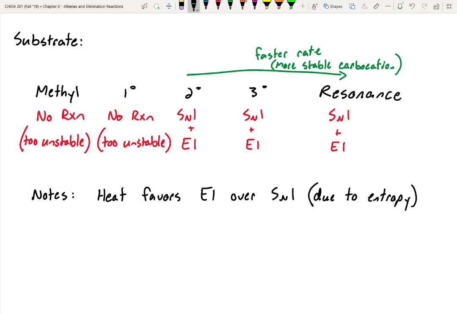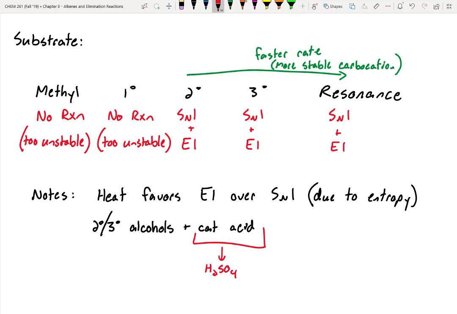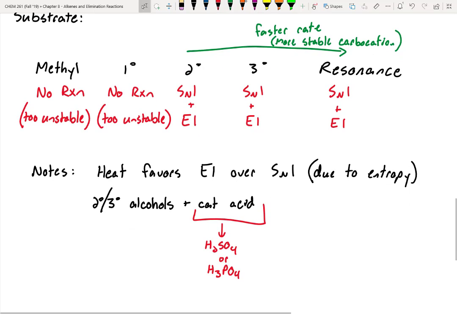So second note is secondary or tertiary alcohols plus catalytic acid. And typically this catalytic acid is one of two different acids, or sometimes three. It could be H2SO4, that's sulfuric acid, or phosphoric acid, which is H3PO4. Those are typically pretty common.